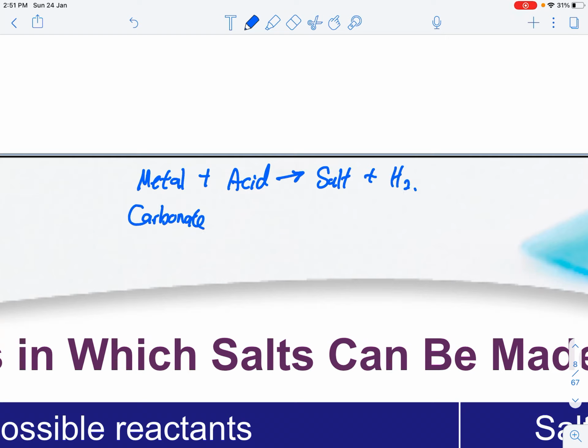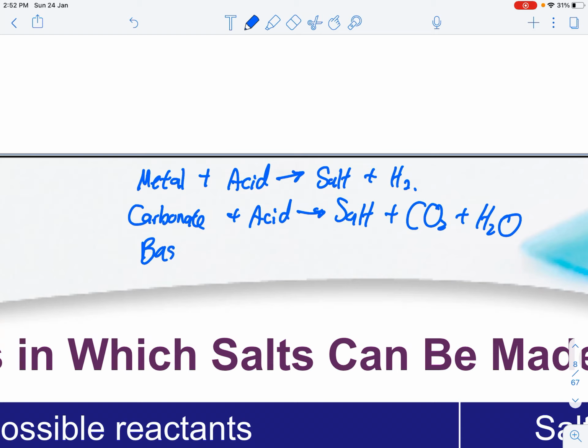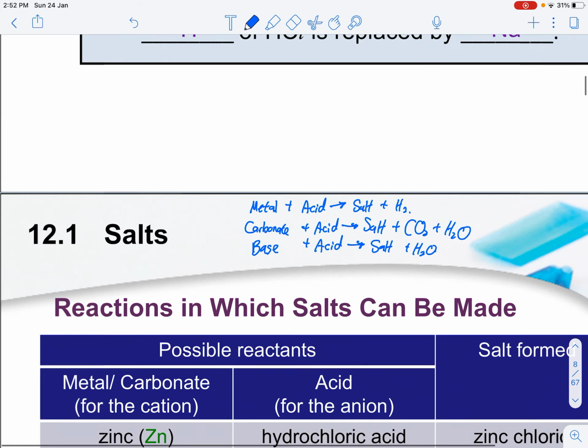A carbonate, when reacting with an acid, you will actually form a salt plus carbon dioxide gas plus water. And of course, your base, when reacting with your acid, you could actually form your salt plus water.